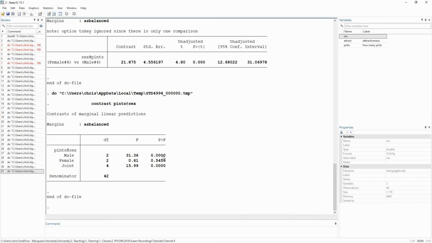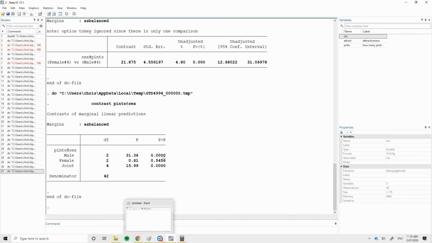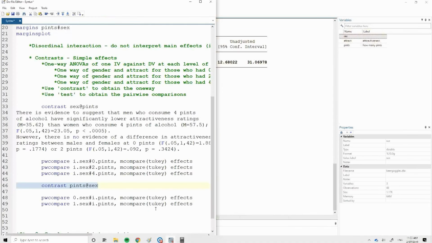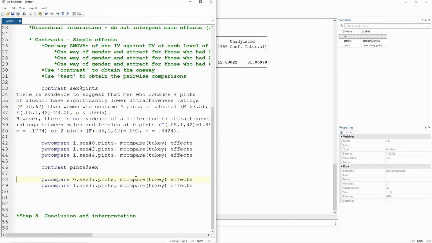So we need to do follow-up tests here. We actually need to run contrasts, a proper sort of contrast, like what we did in week 6, on our males to see at what point the amount of alcohol actually affects attractiveness. So we're going to use PW_compare for this. That's why I showed it to you before.